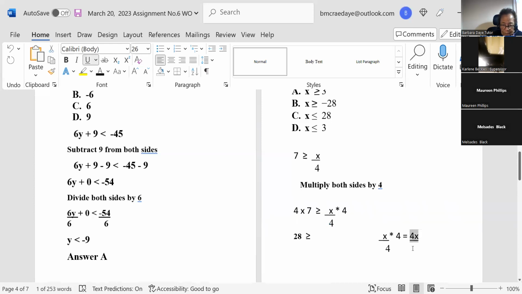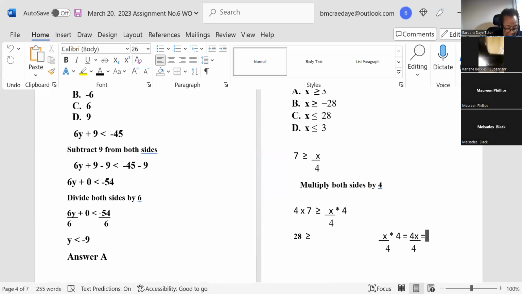1. 4 into 4, 1. Yeah, what are you doing? You're throwing away your X. 4 divided by 4 is 1, right, Mercedes?